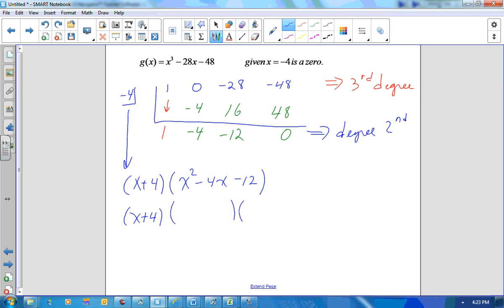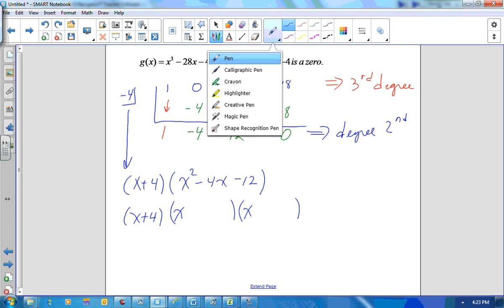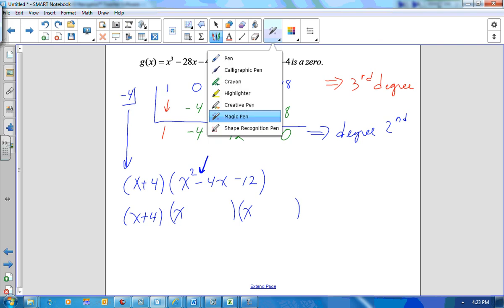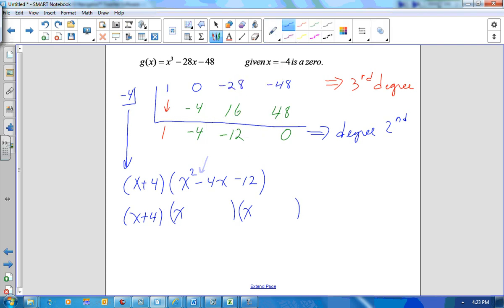And let's see, my quadratic x squared factors into x and x. Let's see if I can use that magic pen to good avail again. So that's negative, so it tells me the signs are different. And it tells me that when I combine the two, I have to end up with a negative answer. Okay, so let's go back to the real pen. And so the signs are different, so I've got a positive and a negative.